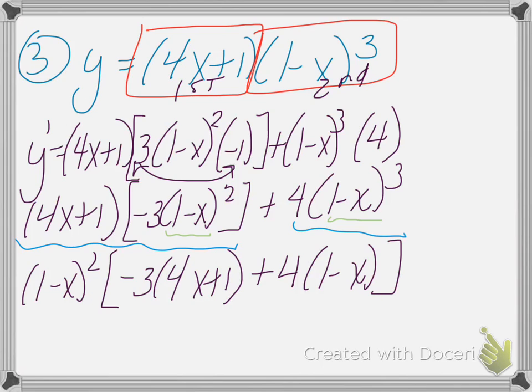Now we can simplify the inside quite easily. We get -12x. I'm just distributing this -3 minus 3. And then we're going to distribute this 4.